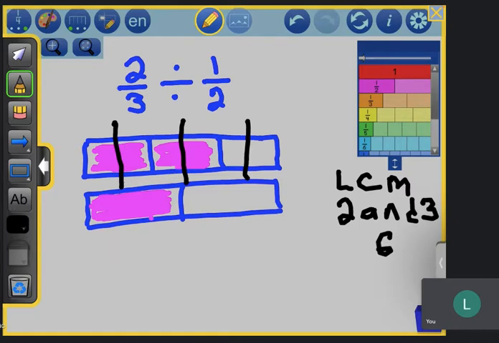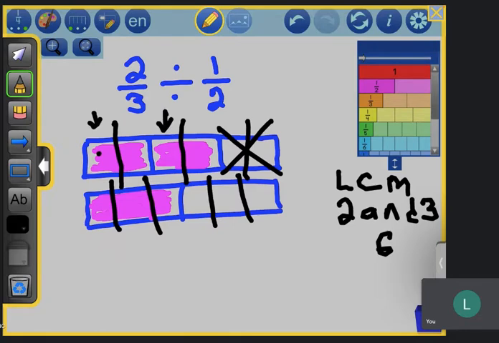And I'm going to turn my halves into sixths by making them thirds, right? And actually, I didn't use this box. I'm going to cross it out because I'm not using it. So I'm only using these two boxes.